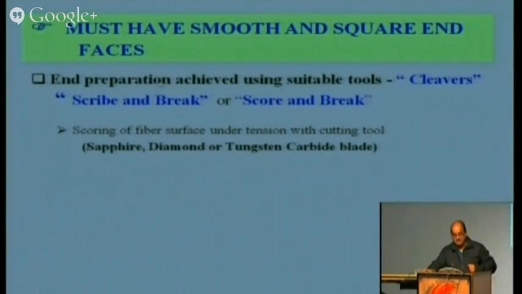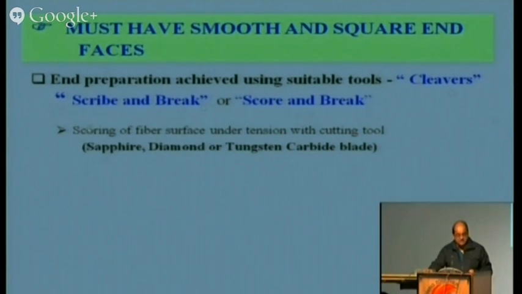For this purpose we use cleavers, which are for a 90-degree cut. Or manually you have to scribe and break: just make a line and then break it, or what you call score and break.